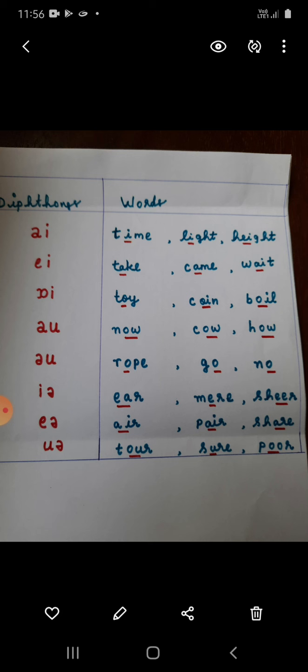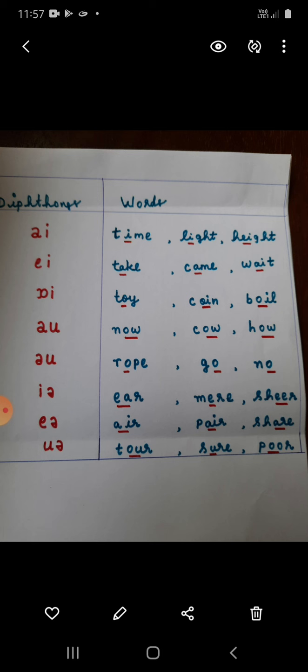Actually, these diphthongs, the spelling you can see on the screen, diphthongs. What is actually a diphthong? A diphthong is a combination of 2 vowel sounds.